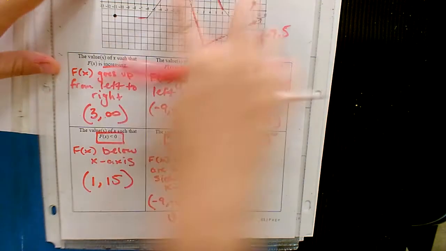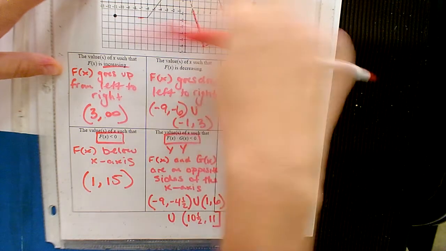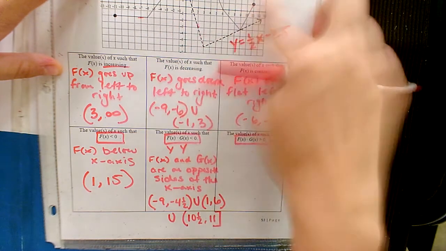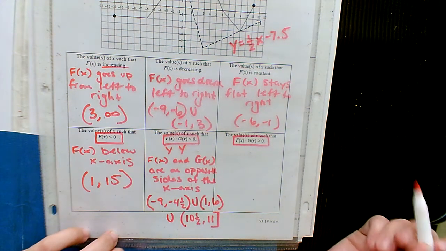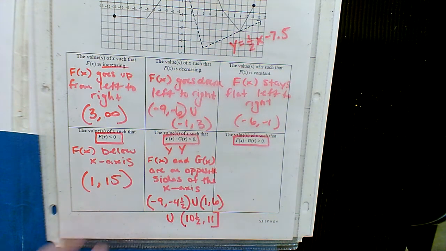Okay, the next one. What if we were to multiply the two graphs together, but this time we got a positive answer, something bigger than 0? What do you think we should be looking for on the two graphs? Well, either they're both positive or they're both negative. Okay, if you multiply two things together and your answer is positive, those two things are either both positive or both negative.